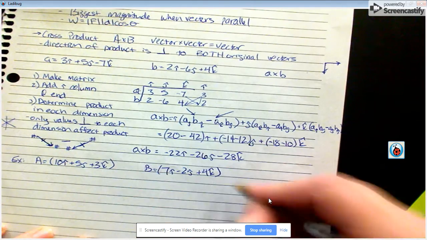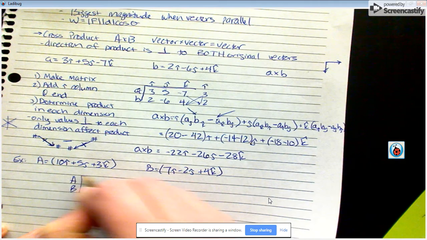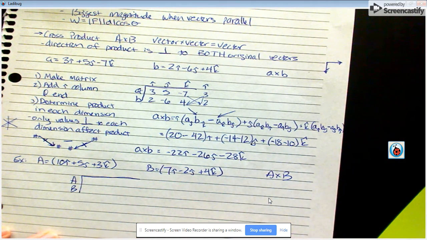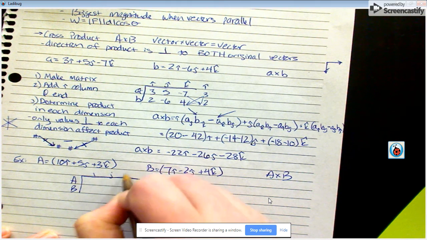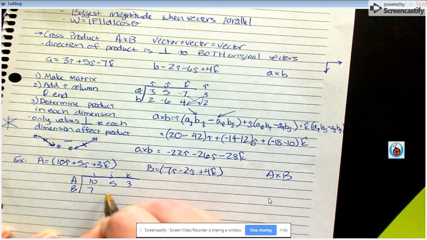Okay, making the matrix. So I'm doing A cross B. So i, j, k, 10, 5, 3, 7, negative 2, 4.